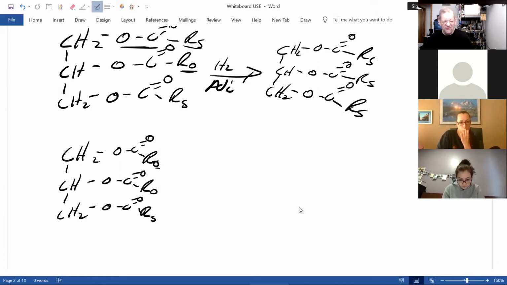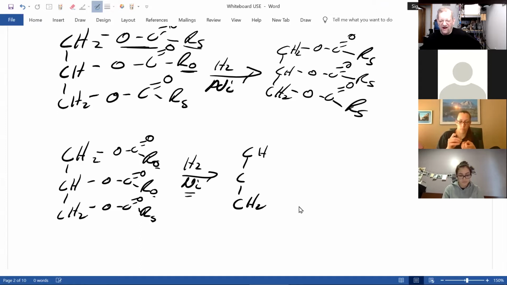They're more R sub O's than R sub S. And if I react this with hydrogen and a catalyst, why nickel? Because in industry it's cheaper than platinum or palladium. You can't get away, the cost would be prohibitive. What happens? Well, the ester function is not reacted.